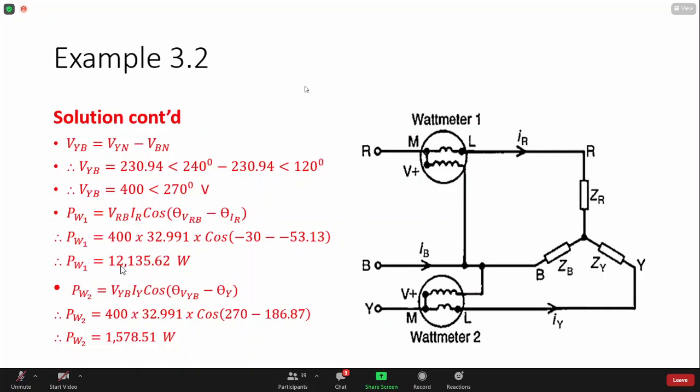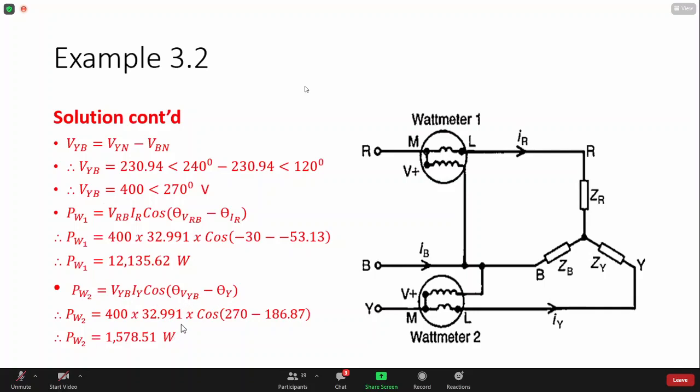So we get wattmeter 1 reading 12,135.62 watts. And wattmeter 2 will be reading VYB times IY times the cosine of the phase difference between those two phases.